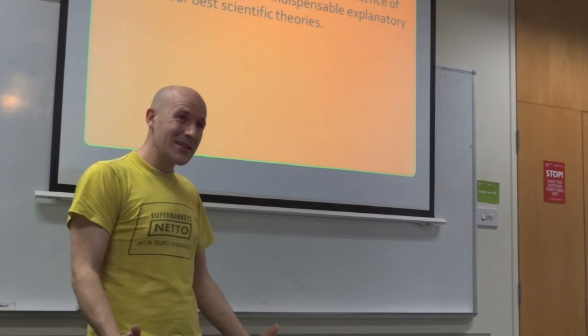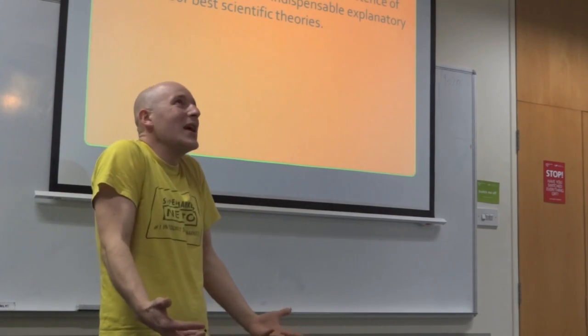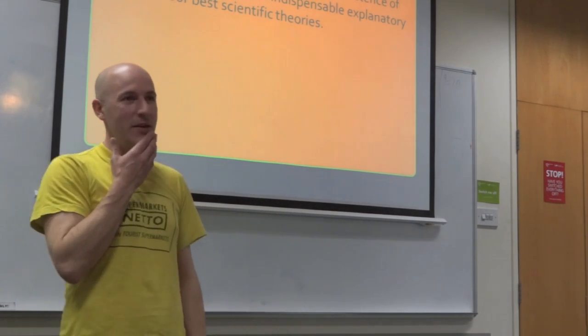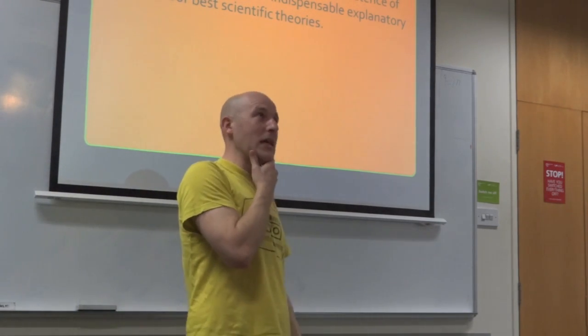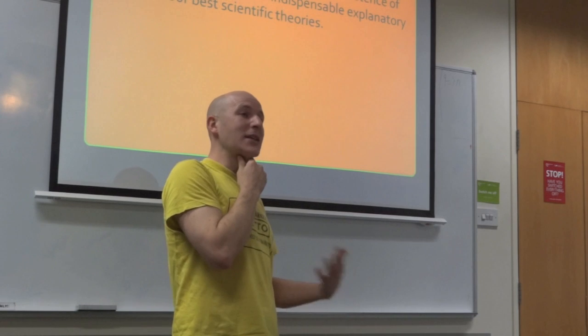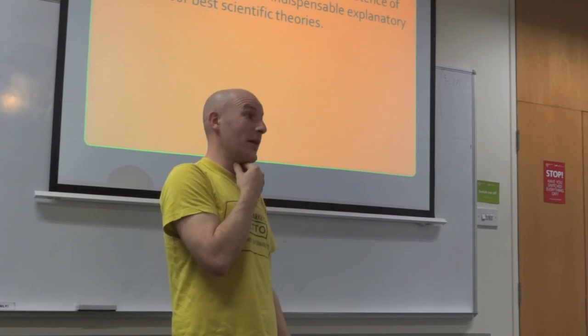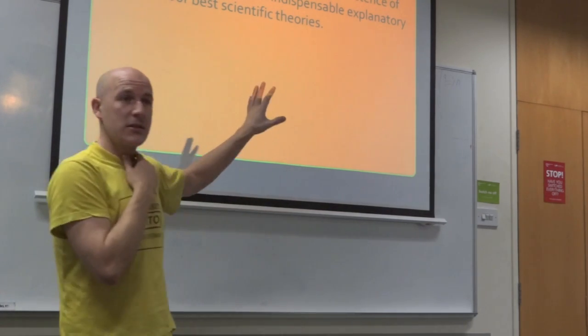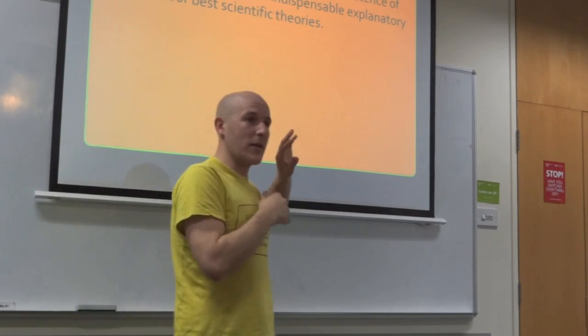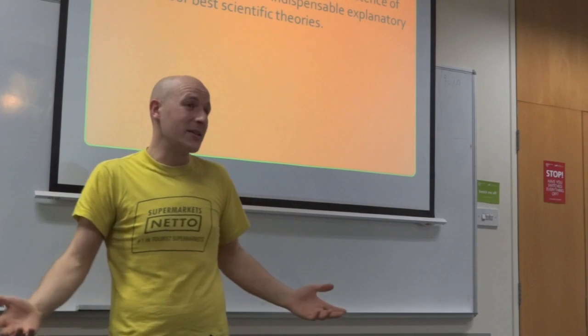Unicorns don't really function in many of my explanatory theories, right? Or any of them, in fact. In fact, there are many things, most things, I think, if I'm trying to explain them, I rarely indispensably depend on unicorns, right? So I don't feel that this commits me to the existence of unicorns, but it does commit me to the existence of, what, electrons or genes.